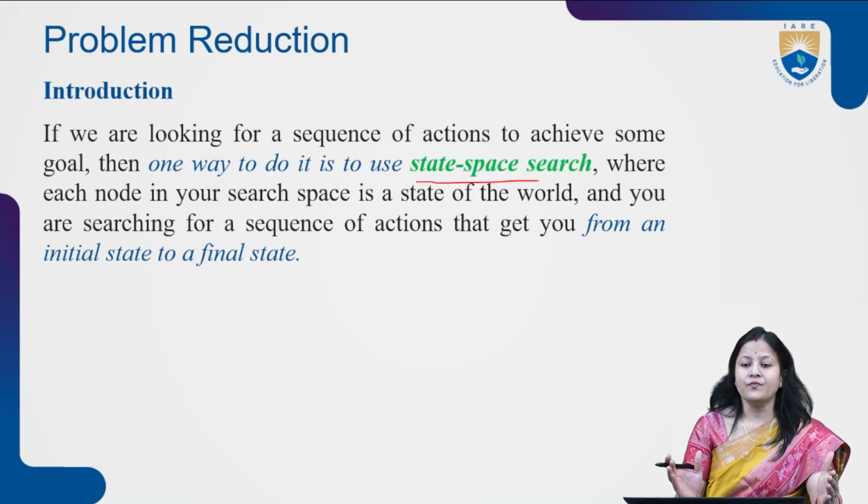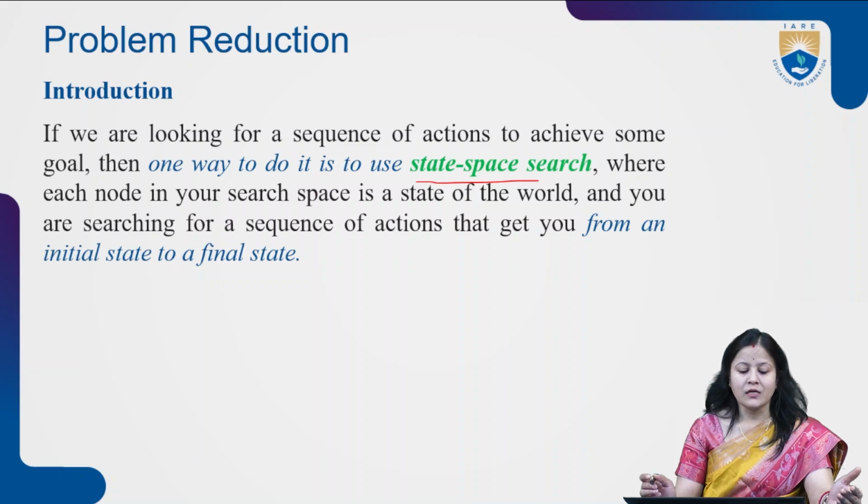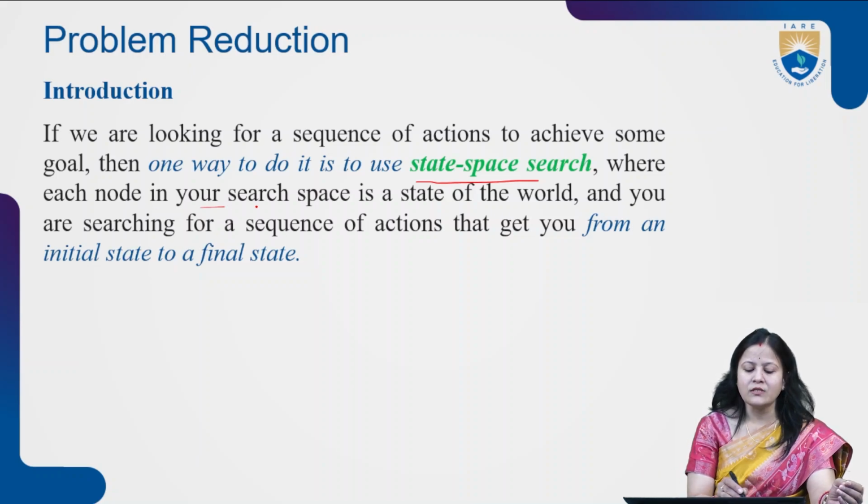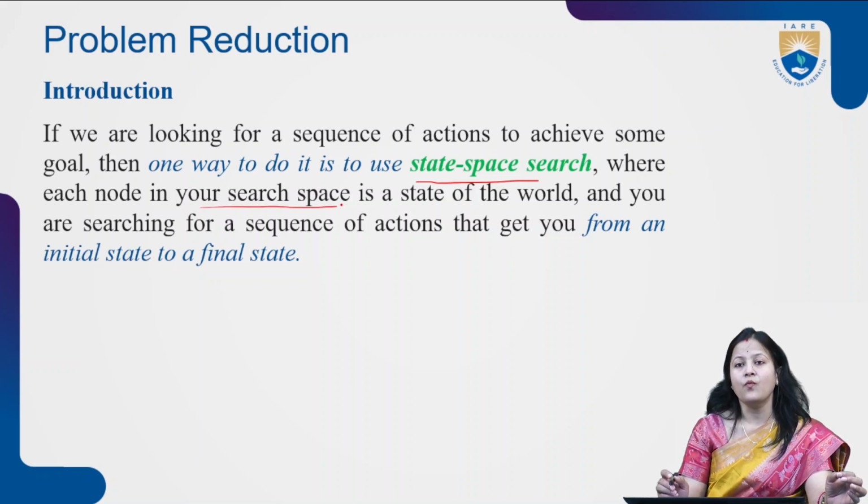If the problem is small and easy to solve, we can go for a state space search with the help of nodes in a tree structure, and explore the tree, all the leaves of the nodes, to find the best possible path. That is state space search, where each node in your search space is a state of the world, and you are searching for a sequence of actions that gets you from an initial state to a final state.